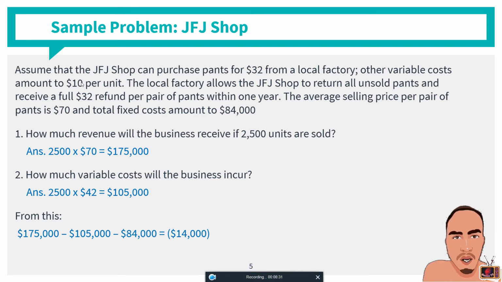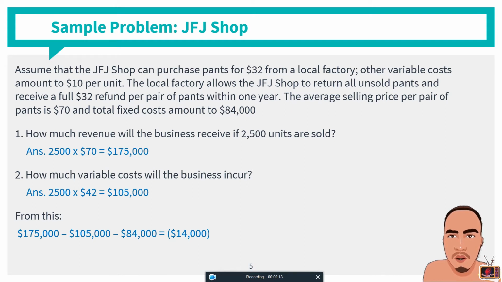So times 2,500, the business will incur $105,000 variable cost. We would know that for 1 year of operations, we would get the total sales from the business, which is the revenue of $175,000.